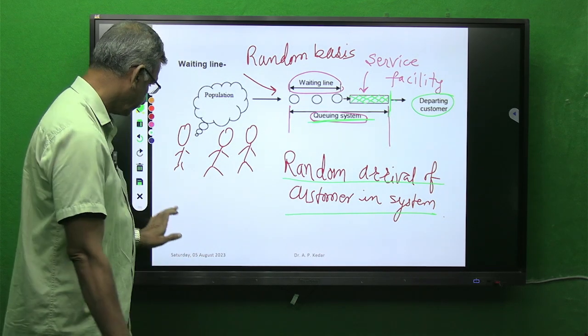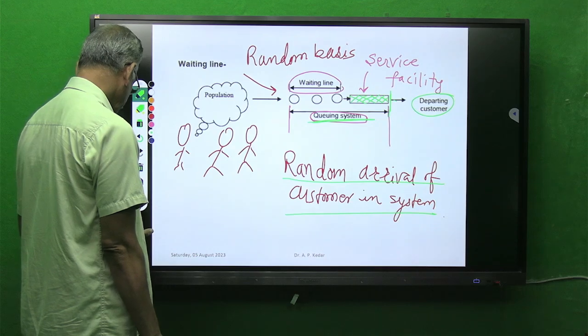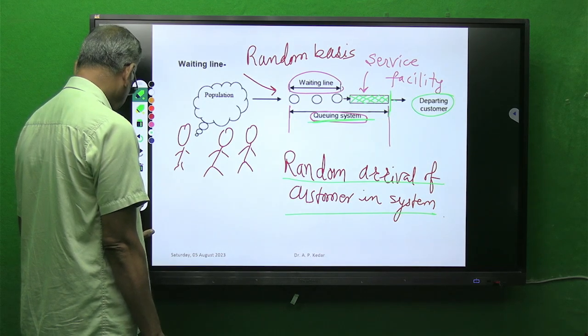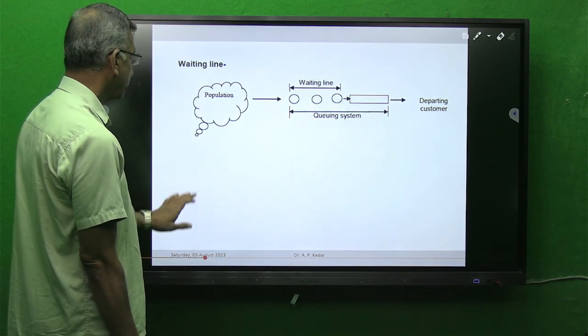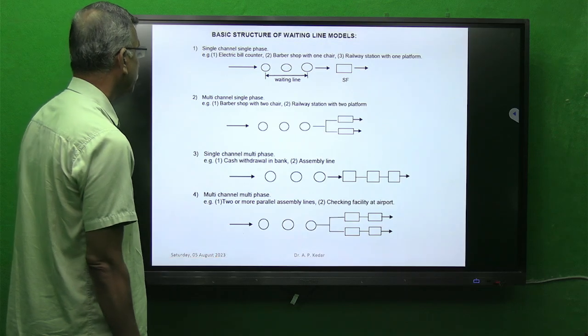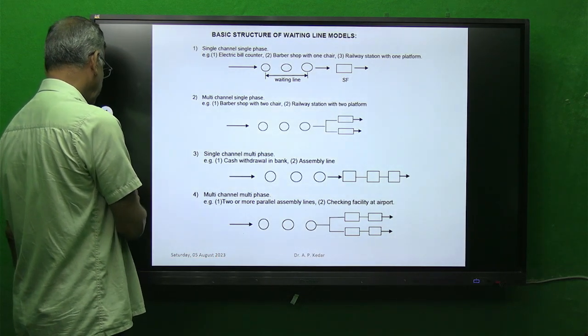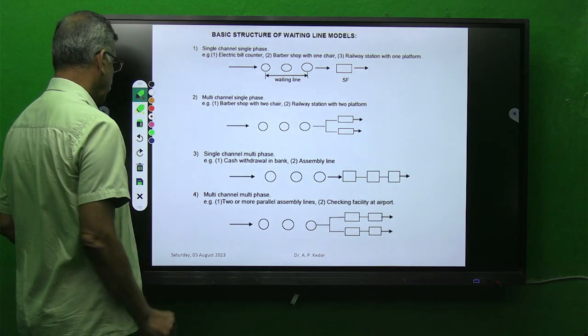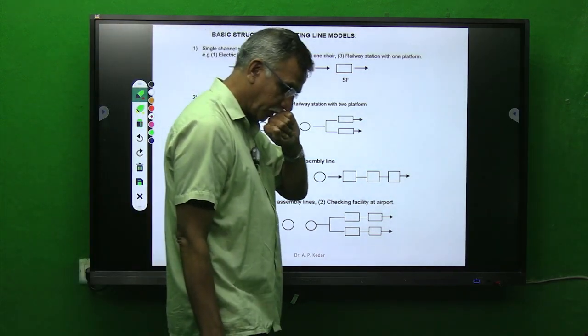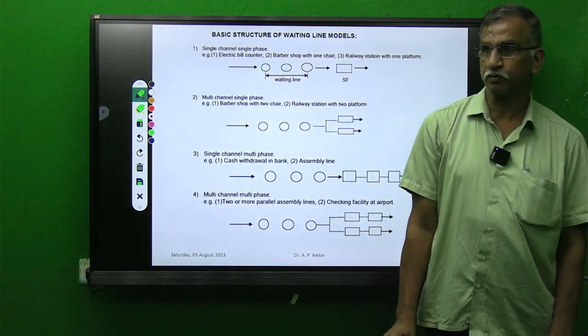Clear? Now, to understand the further part, see here, in our daily life situations, we come across these 4 types of queues.